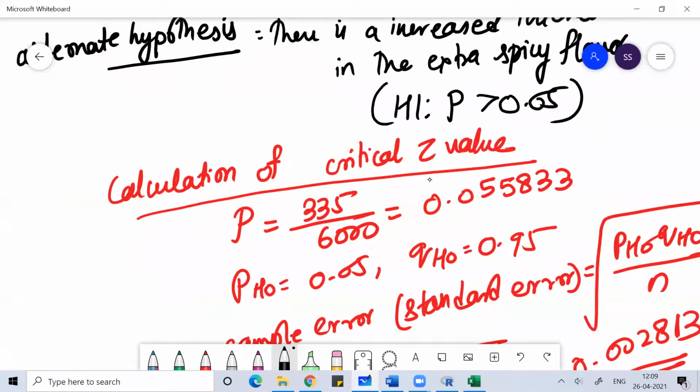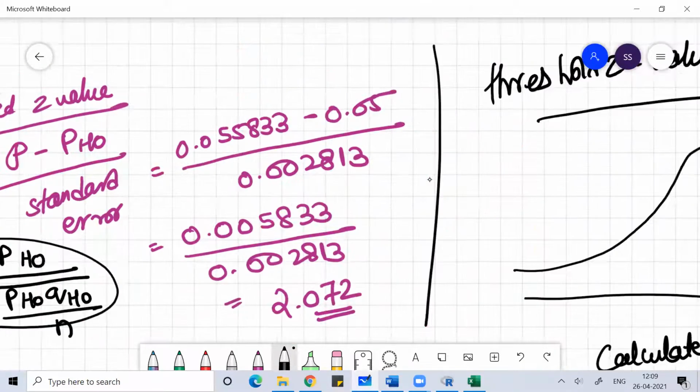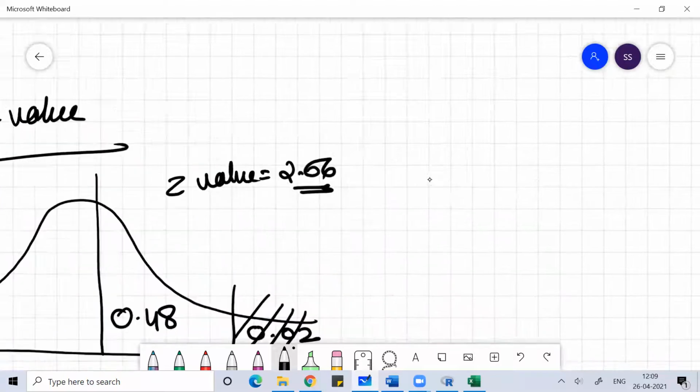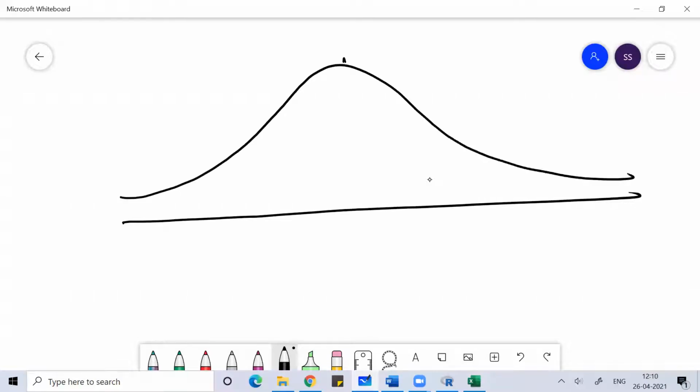So very simple. You can either do it like this, or once you're done with this, you can also solve the same problem another way. You can draw a normal distribution curve where your mean is equal to 0.05, and then find this x value, your acceptance value.